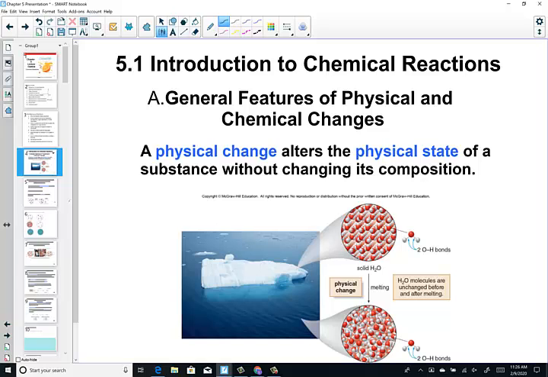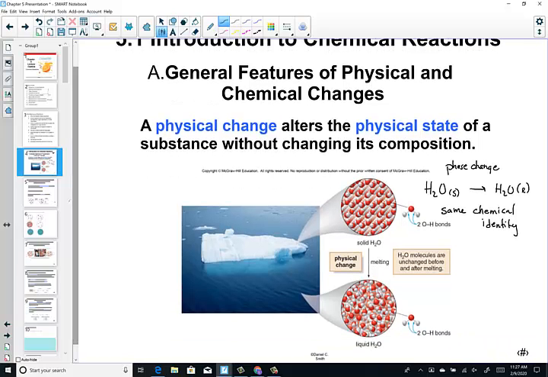Now, as an example, if we were to take water in the solid phase and allow it to melt to a liquid phase, notice that we have the exact same chemical identity. Water is on the left as H2O, water is on the right as H2O. So the same chemical identity on the left and the right, all that's happened is a phase change. The solid melted into the liquid water.